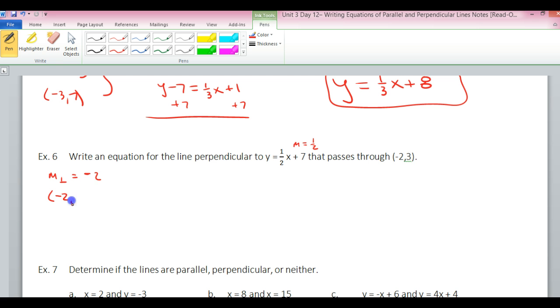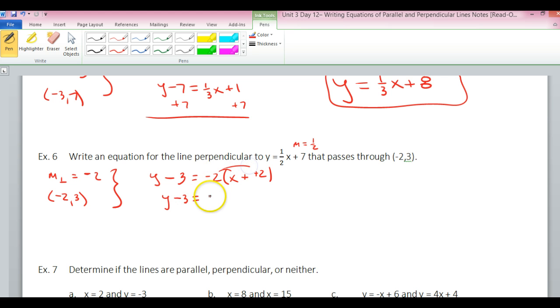I know the point I pass through is (-2, 3). Now I have enough information to write the equation of my line. Y minus the y coordinate, 3, equals negative 2 times x minus my x coordinate, negative 2. Bling bling. And then solve for y.